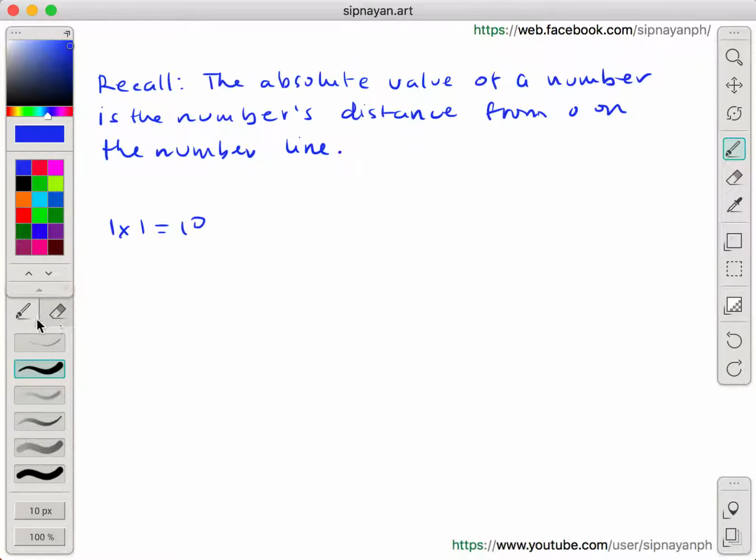So if we draw the number line, we have 0 here, and the absolute value of x is a distance 10 units away from 0. So pag ito ay 10 units dito, this is 10.